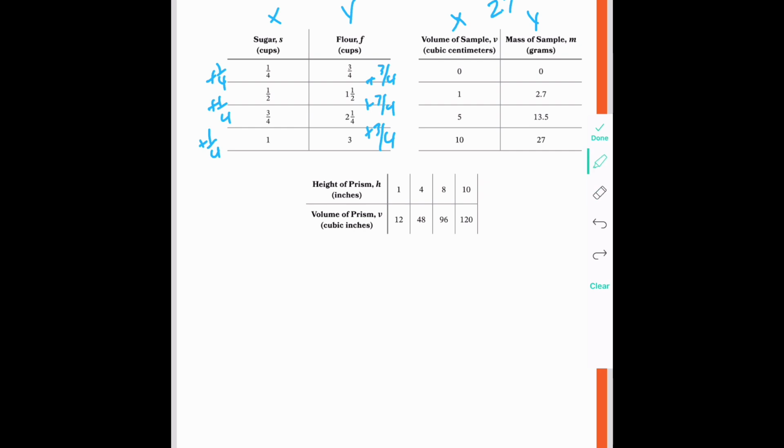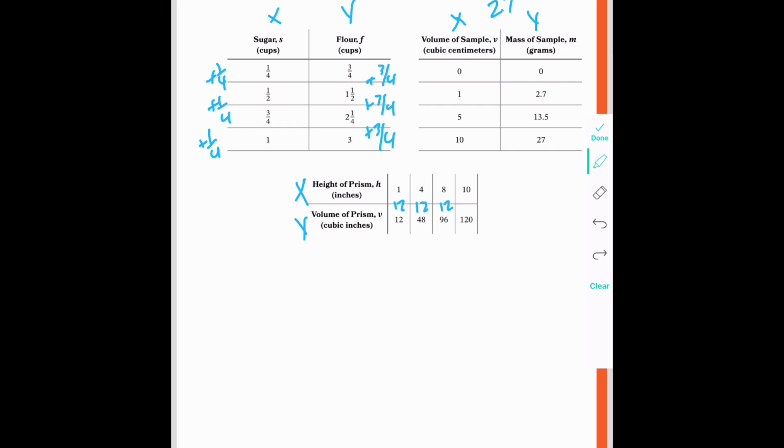Well, we know that the formula for volume is length times width times height. So most likely this is X because this is needed in order to get Y. So that would mean if we divide Y by X, we should get the same number. 12 divided by 1 is 12. 48 divided by 4 is 12. 96 divided by 8 is 12.